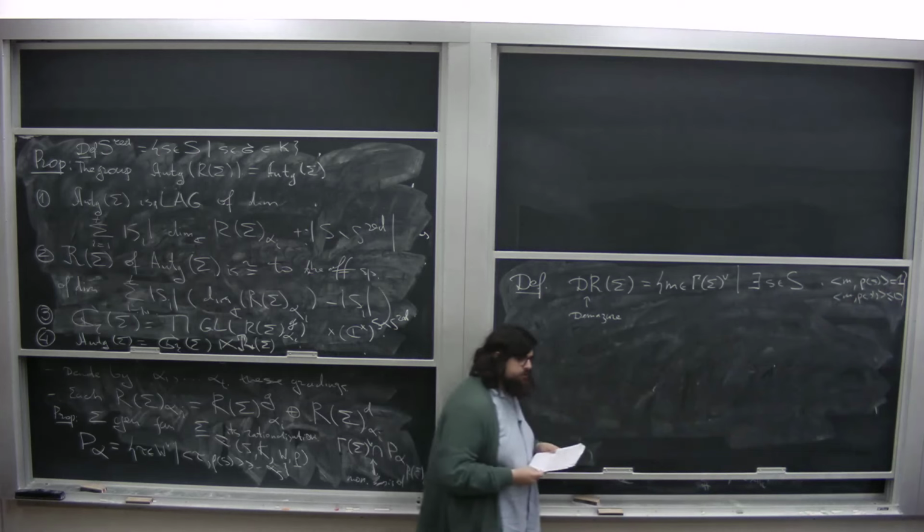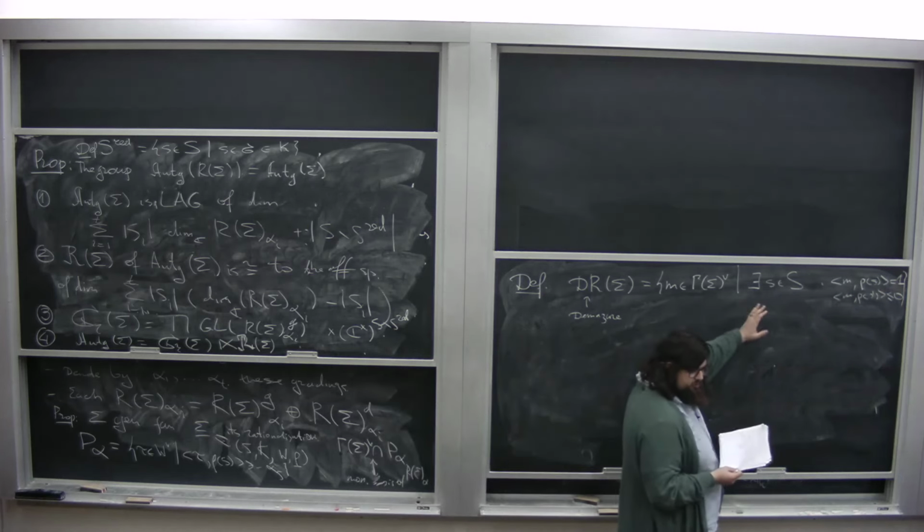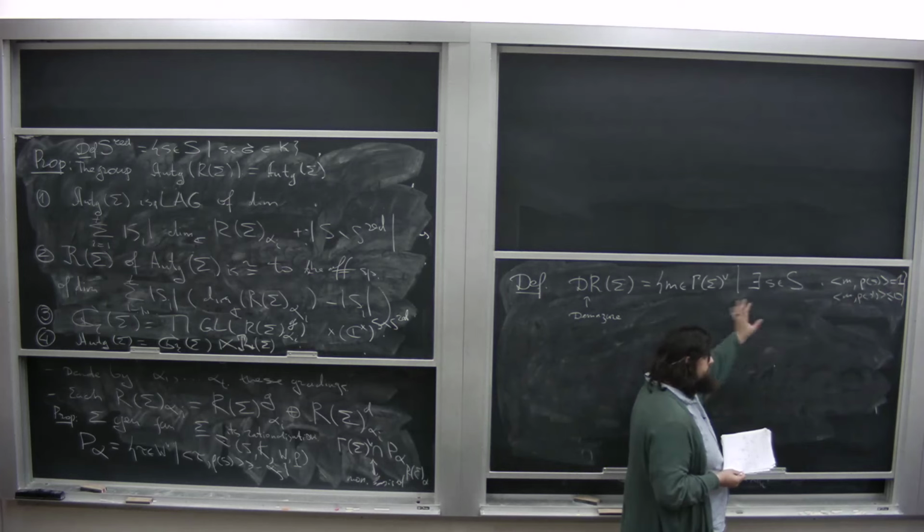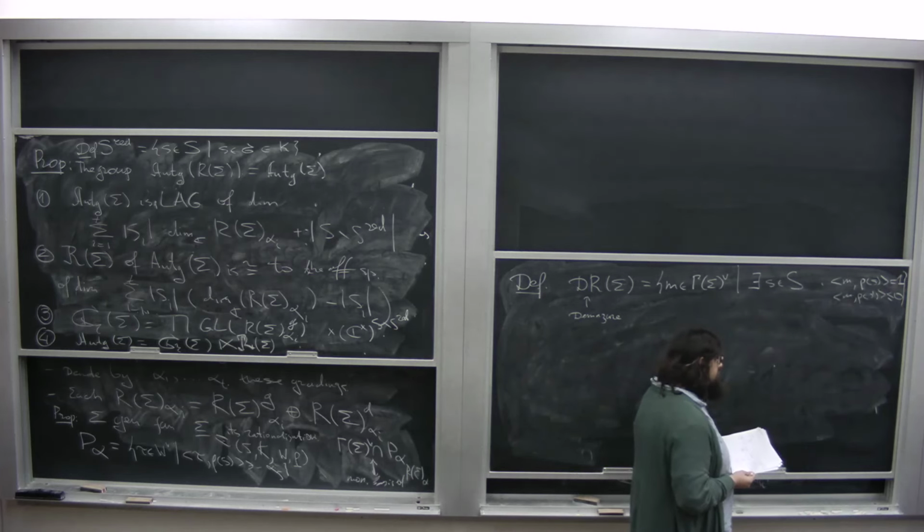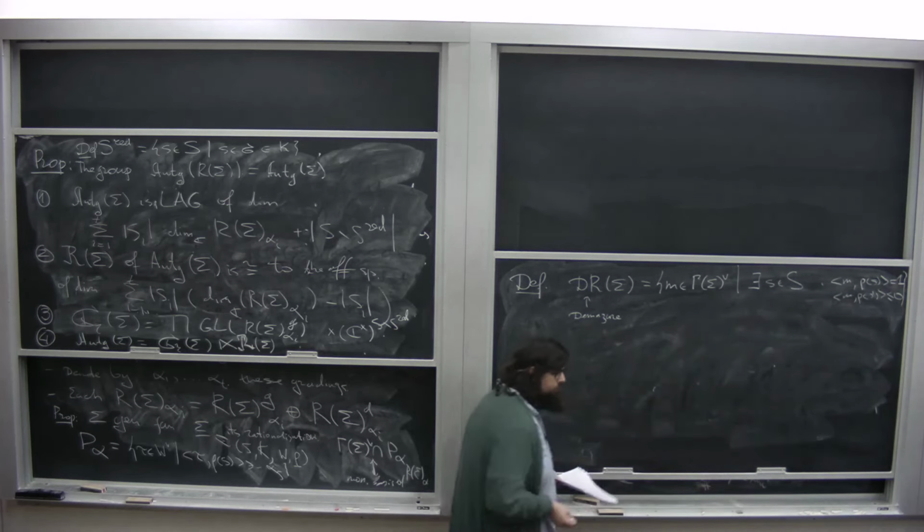So the idea is that this somehow should describe combinatorially one parametric families of algebraic automorphisms of UK.